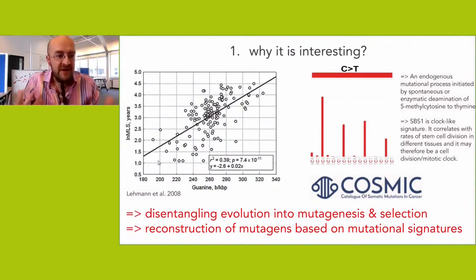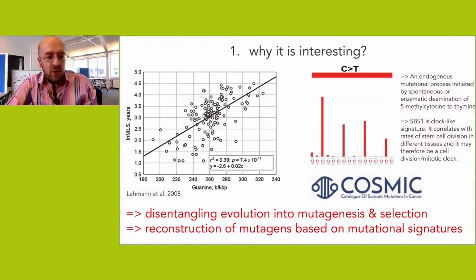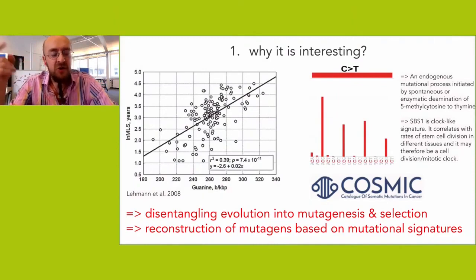This correlation is interesting per se, but we don't know if it's a result of selection, meaning that it's beneficial for long-lived mammals to have a G-rich mitochondrial genome, or if it's just mutational bias, where for some reasons the mitochondrial genome in long-lived species is biased towards G. Without this deeper understanding, we cannot distinguish the two processes, and we cannot understand molecular evolution more deeply. We can just describe, as it was described here.